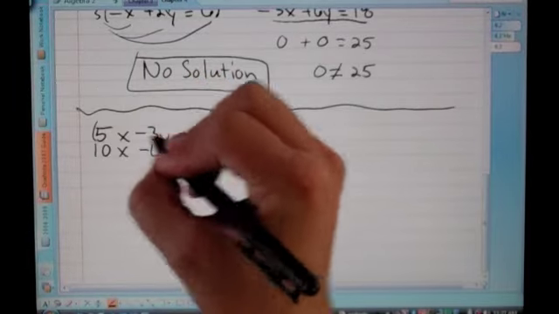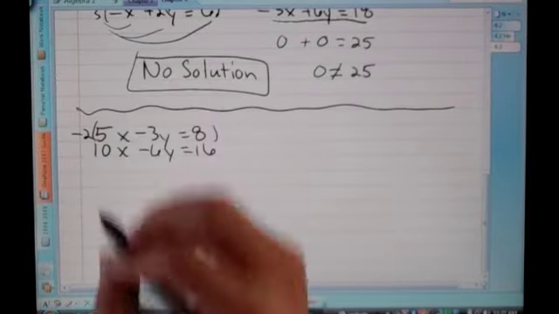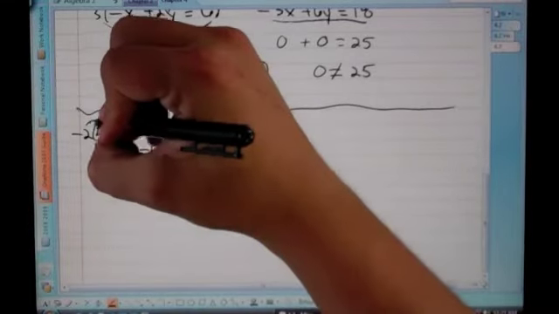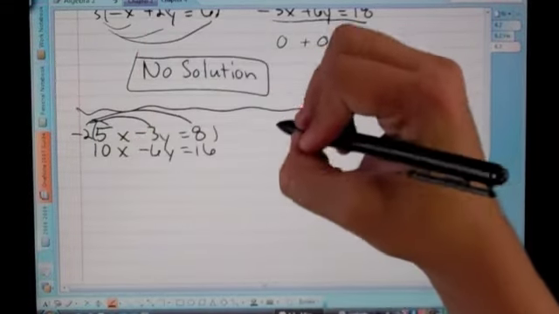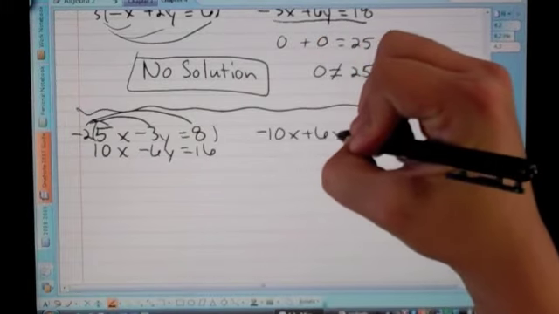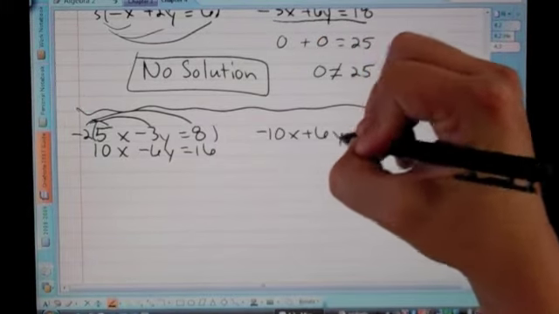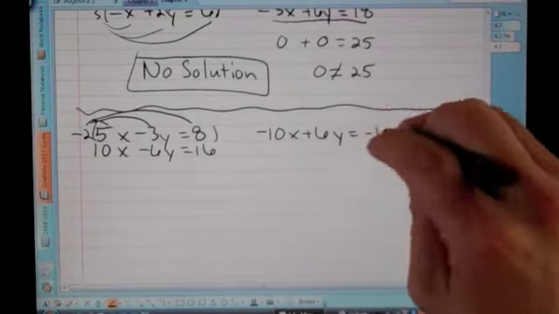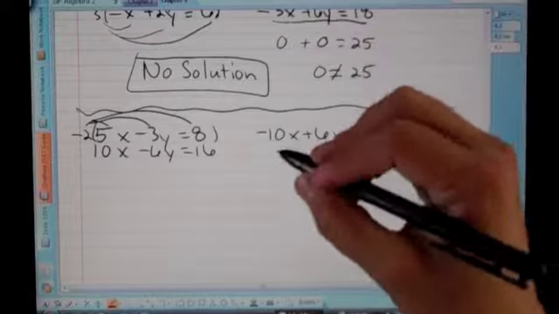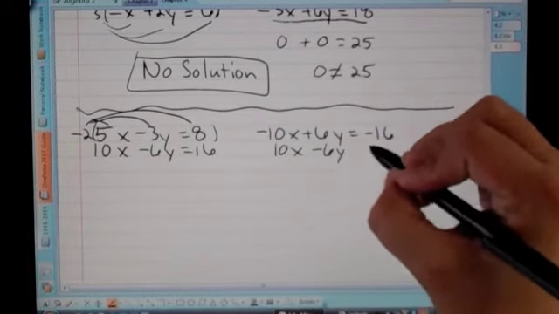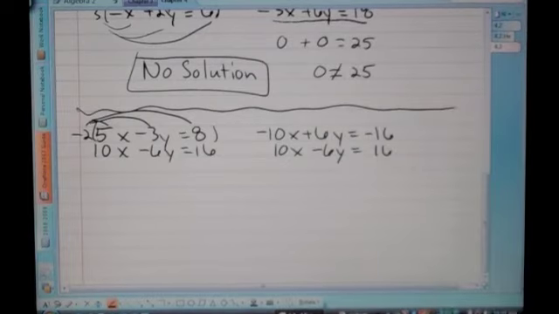So I'm going to multiply this row by negative 2. Again, the reason I did that is so I can get a negative 10 on top. And I distribute to all three terms. So it gives me negative 10x plus 6y equals negative 16. Rewrite the bottom: 10x minus 6y equals positive 16.